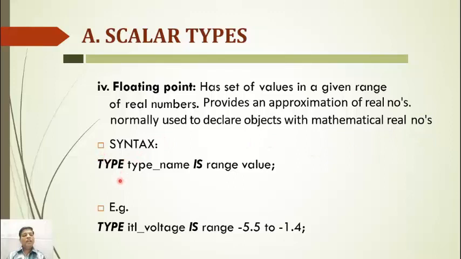Syntax: type type_name is range value; Example for floating point: type TTL_voltage is range -5.5 to -1.4. So this should be the floating point declaration.